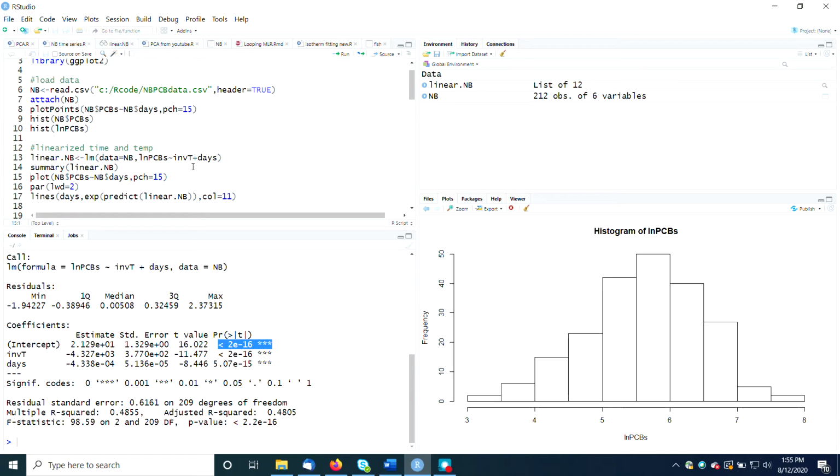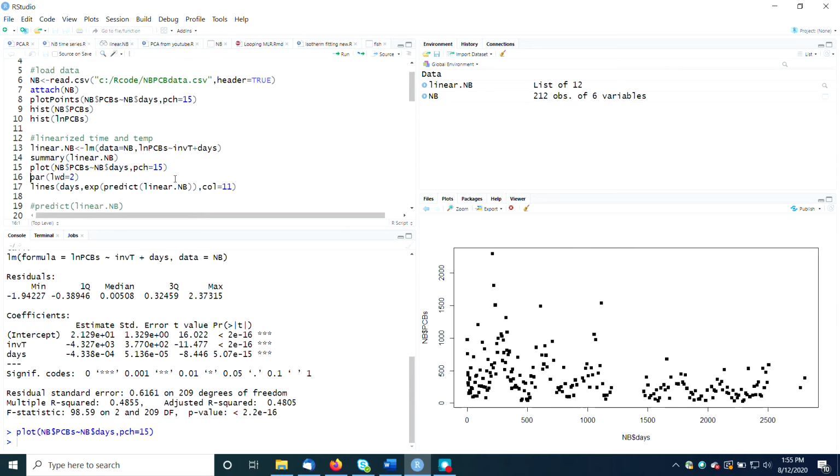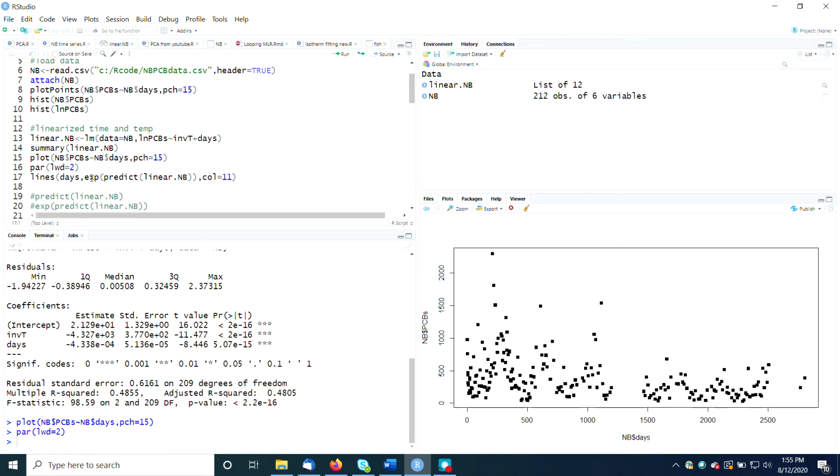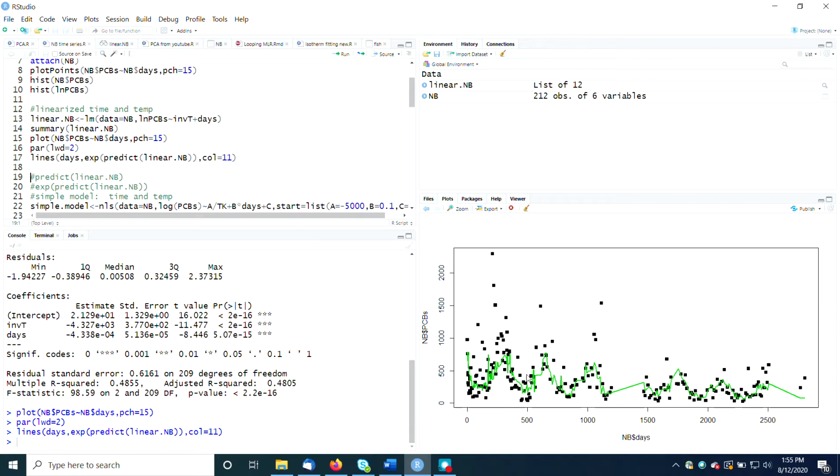And so let's go ahead and plot our data again here. And then this par lwd equals 2 is just to make the lines a little thicker because otherwise they're hard to see. That's line width. LWD stands for line width. And so now I'm going to add a line to this plot. Here is my predicted concentration. It's predicted as a function of temperature, so it's spiky.